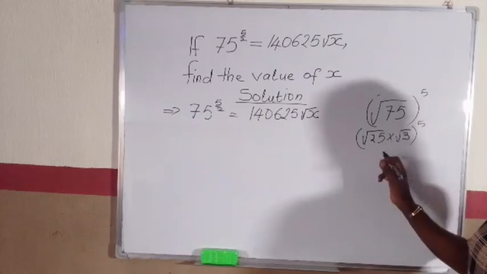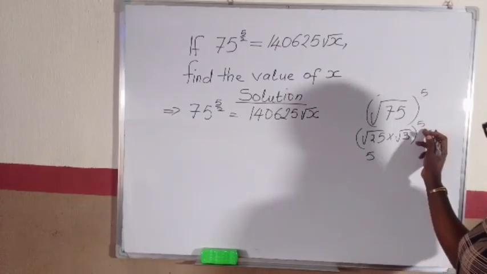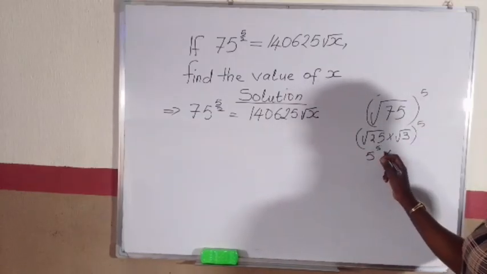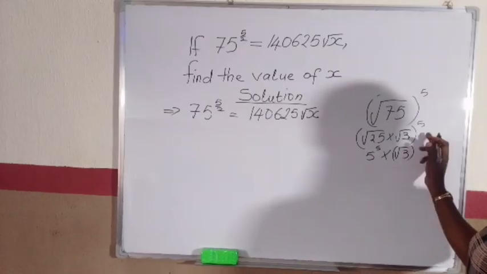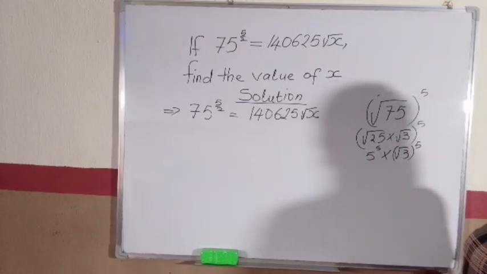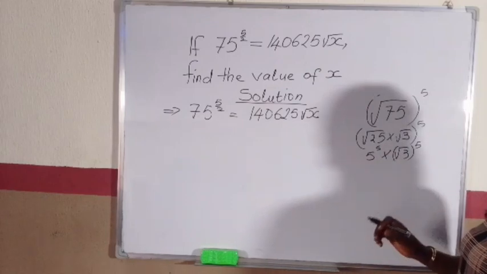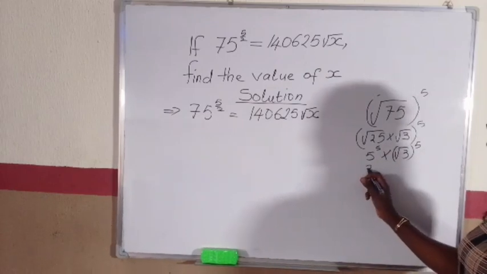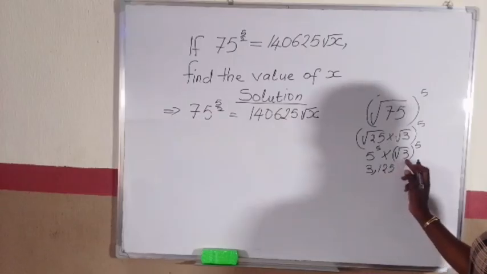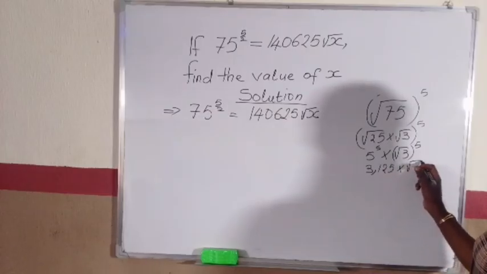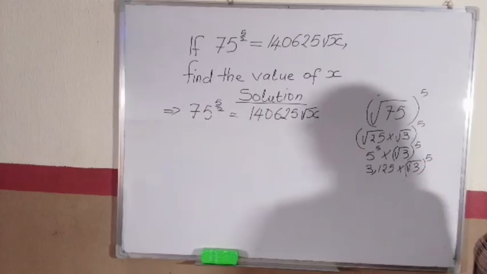Square root of 25 is equal to 5, raised to the power 5, times square root of 3 raised to the power 5. 5 raised to the power 5 is equal to 3,125 times square root of 3 raised to the power 5.